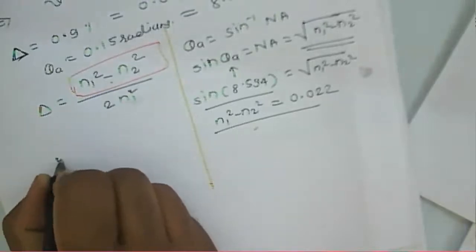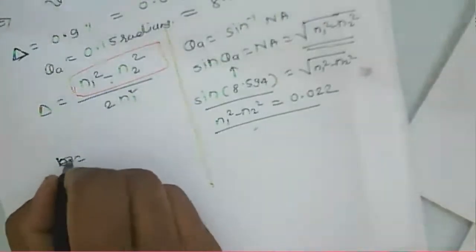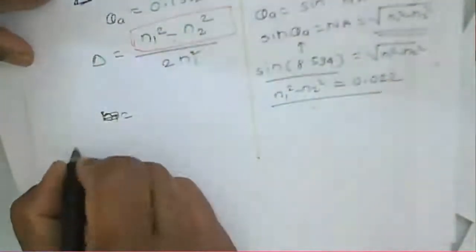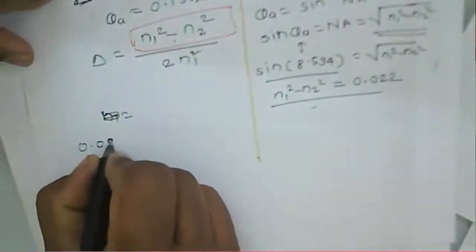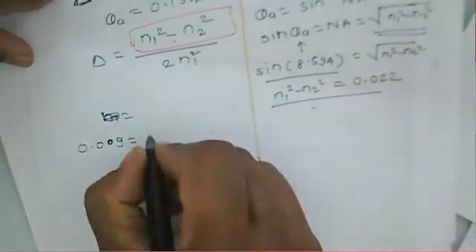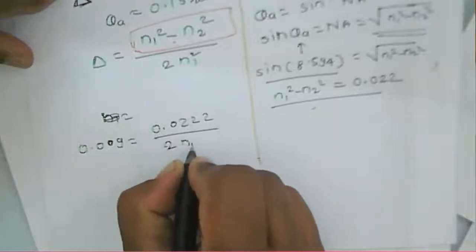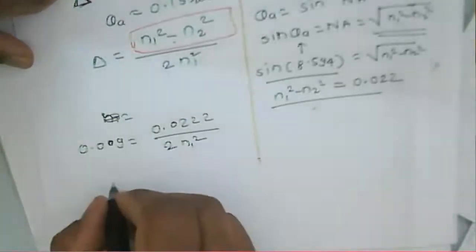So n1 is equal to what? Sorry, we need to write down delta here. So delta is about 0.009, equal to whatever value we are getting divided by twice n1 square. After solving, you will get the value of n1.